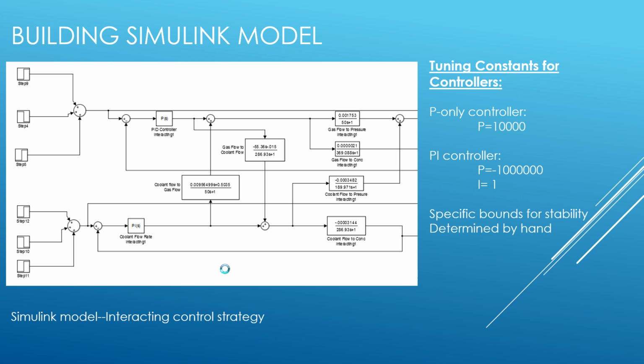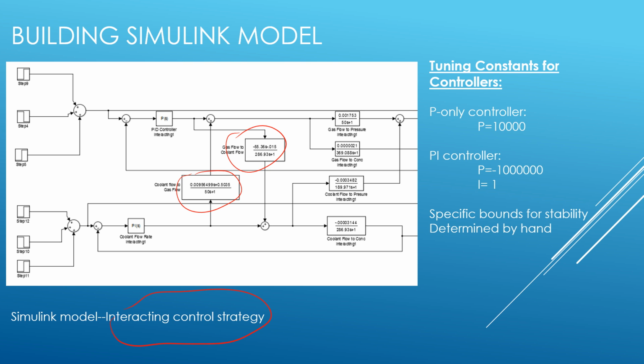Now this shows just the interacting control strategy here, which you can see in these transfer functions, which help us to account for the fact that these are interacting and that temperature and pressure are going to compete with each other, like Colin said.